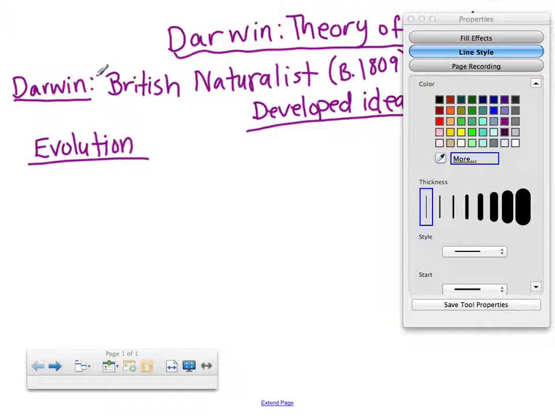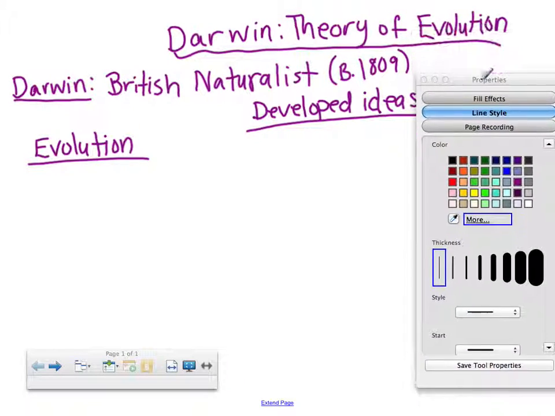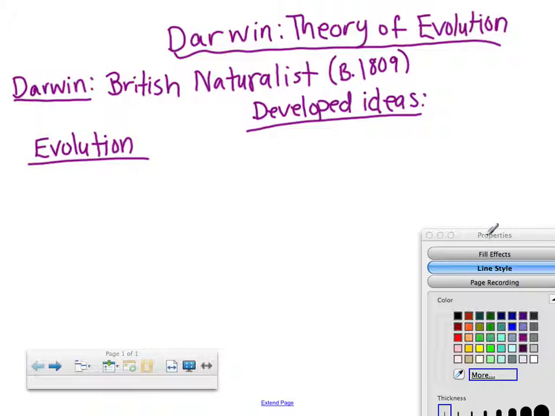At the top of the right side, because all that's going to include everything about natural selection. Are we good?